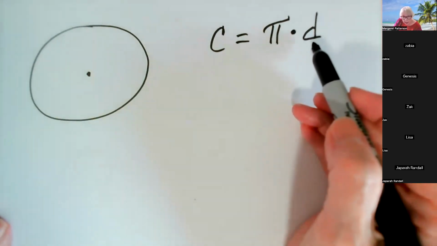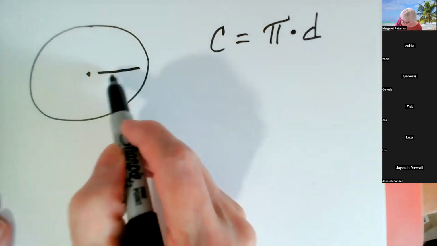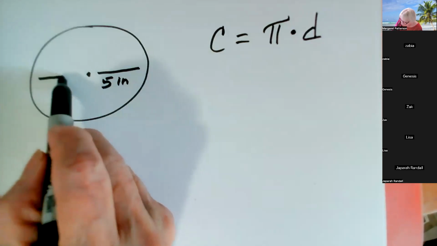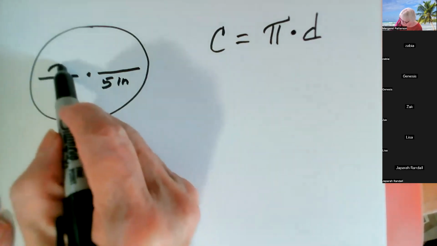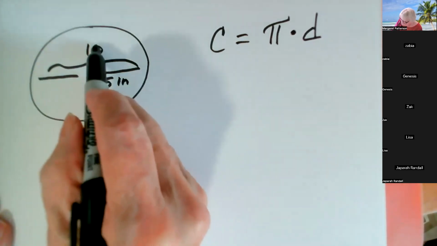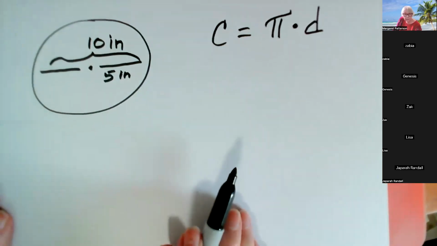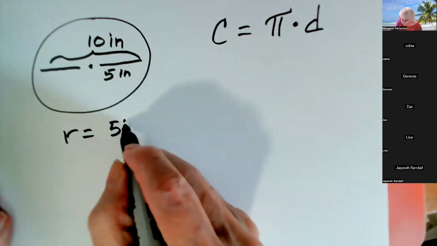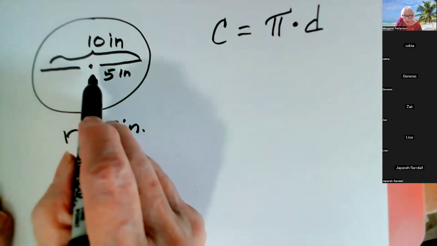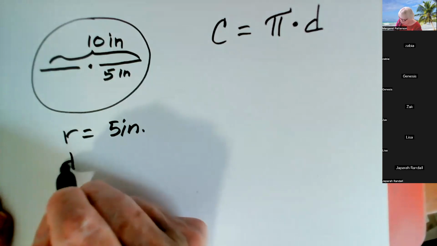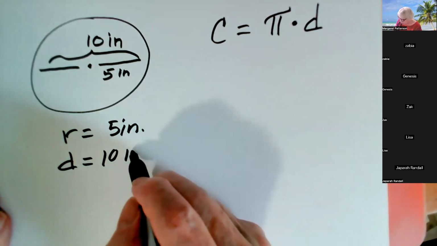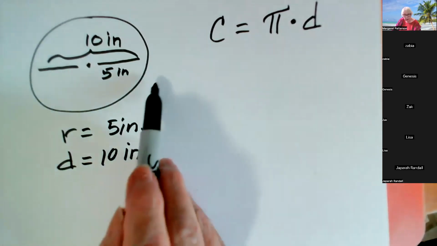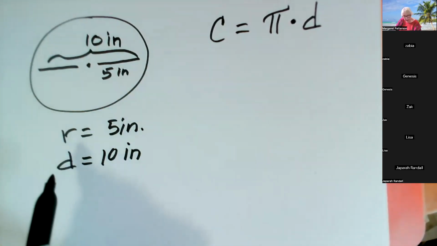But the diameter, let's say this was 5 inches, the total distance across would be 10. So the radius would be 5 inches from the center out, and the diameter would be 10. So it might be good at the very beginning to establish that fact.